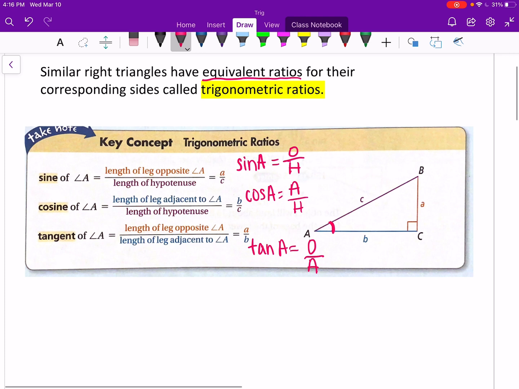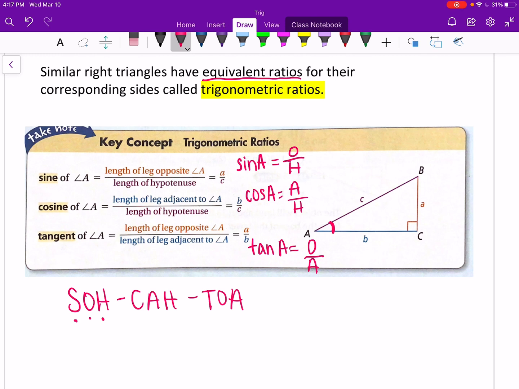Now we have a phrase we use to remember these ratios. It is called SOHCAHTOA. So for the first part, the S in the SO stands for sine is opposite over hypotenuse.